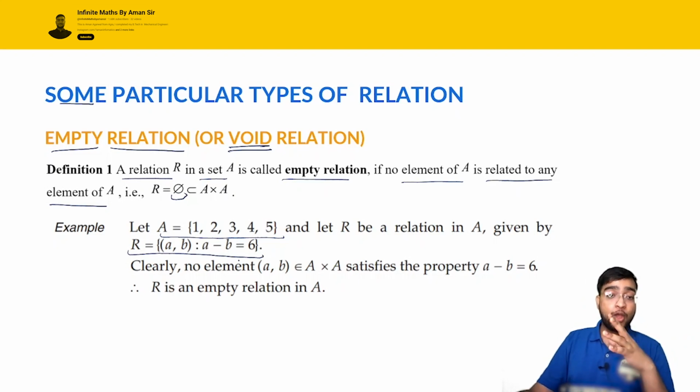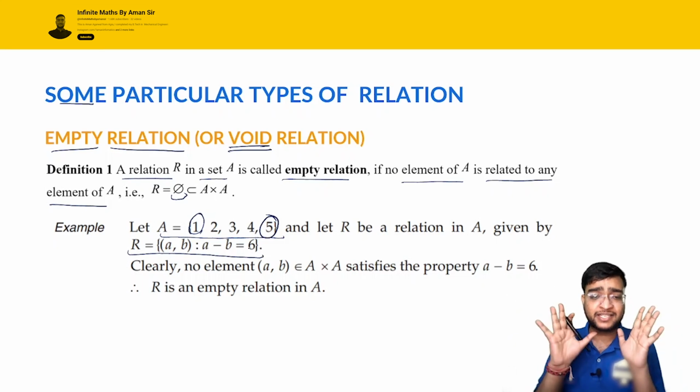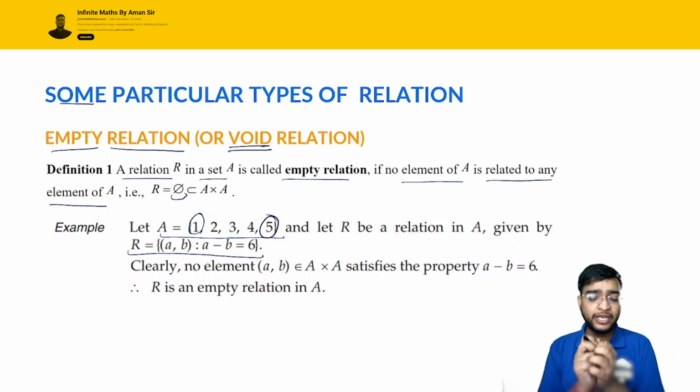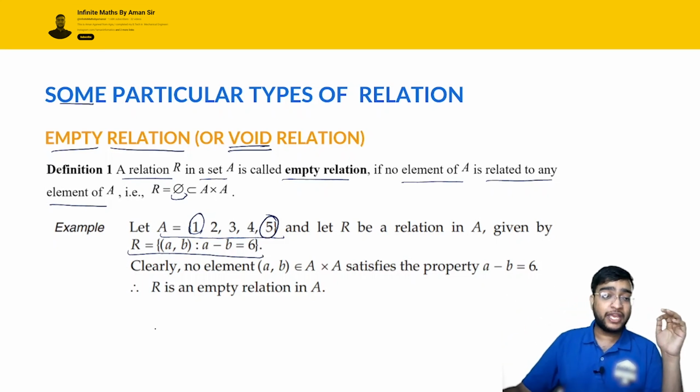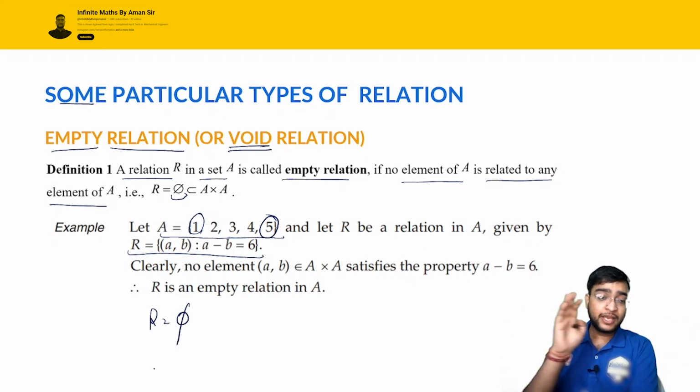I am saying no, because the greatest difference here is 5 minus 1, which comes to 4 only. That is the greatest difference in this set, and I want a difference of 6 here. Is there any pair that satisfies this condition? I am saying no. So R is the phi set here, not a single pair is in your relation.